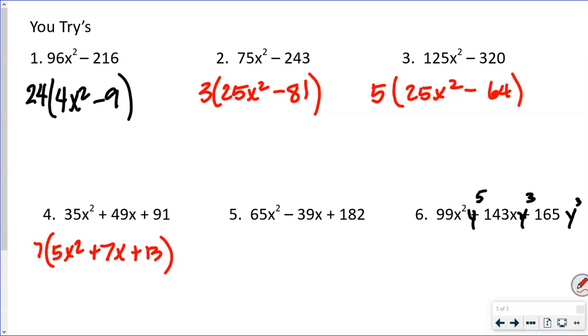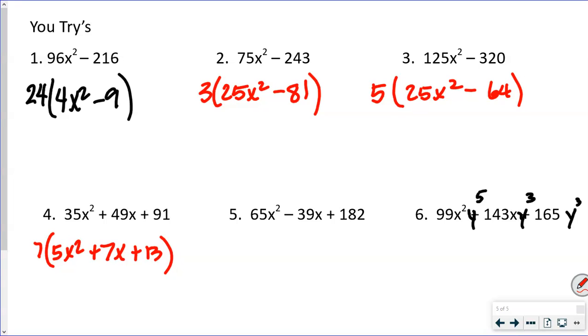Then number 5. Again, if you're looking at this and you're like, wow, I don't even know where to start. So on a problem like this, I know that 65 is divisible by 5, right? So divide the 65 by 5 and you get 13. Well, then let's try 13 with all the numbers, okay? So if I divide 65 by 13, I get 5.